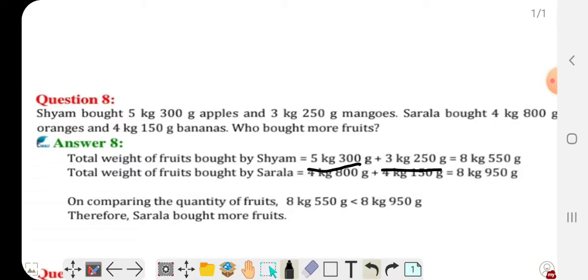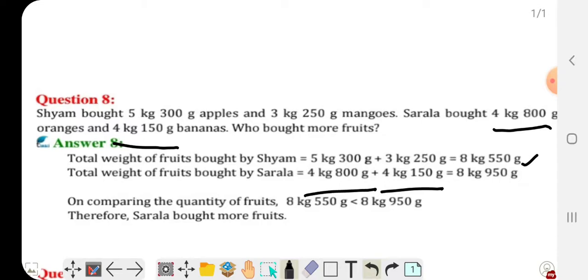On adding these two numbers, we have got 5 plus 3, it is 8 kilogram, and 300 plus 250, it is 550 gram. So the total weight of fruit that Shyam has bought is equals to 8 kilogram 550 gram. Now total weight of fruits bought by Sarla, it's 4 kilogram 150 gram and 4 kilogram 800 gram.